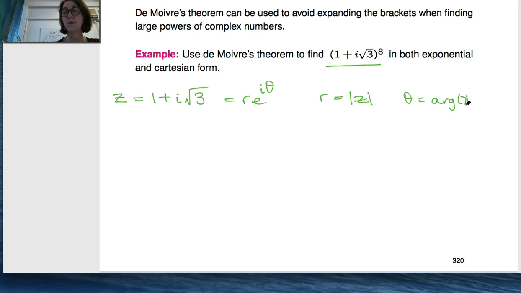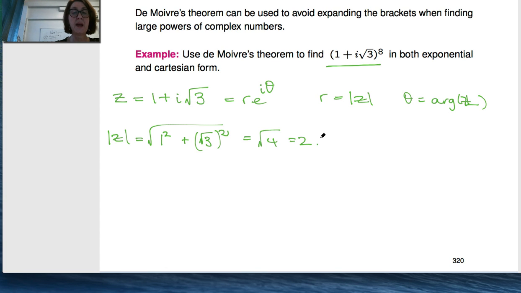Now this is an example of a complex number that we've seen a lot of times before, so you shouldn't have too much trouble writing this in exponential polar form. So the modulus of z, of course, is just the square root of the real part squared plus the imaginary part squared. So that's equal to the square root of 4, so that's equal to 2.